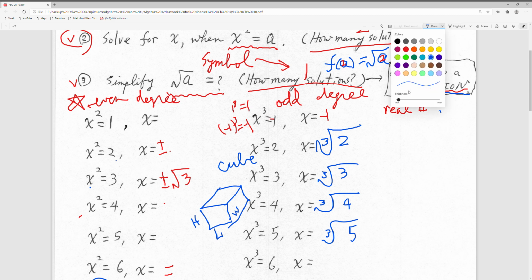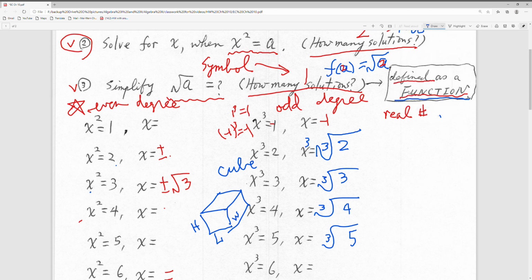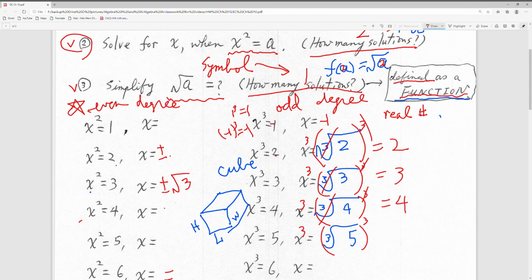So when we talk about x cubed, oh, I want to change the color. When I talk about x cubed, the answer needs to be 2 because x cubed equals 2. So this cube cancels out. If I cube it, it cancels out.